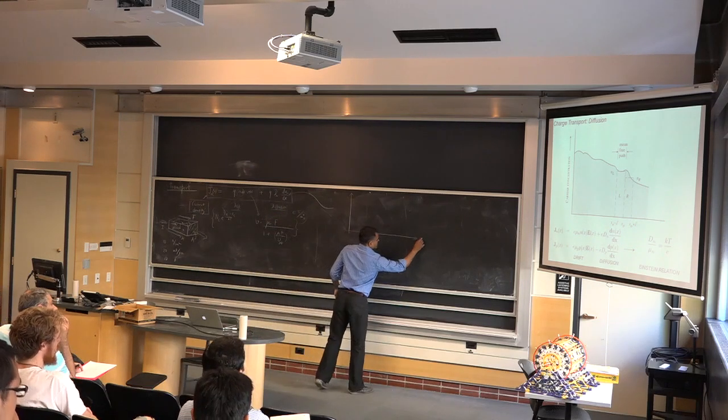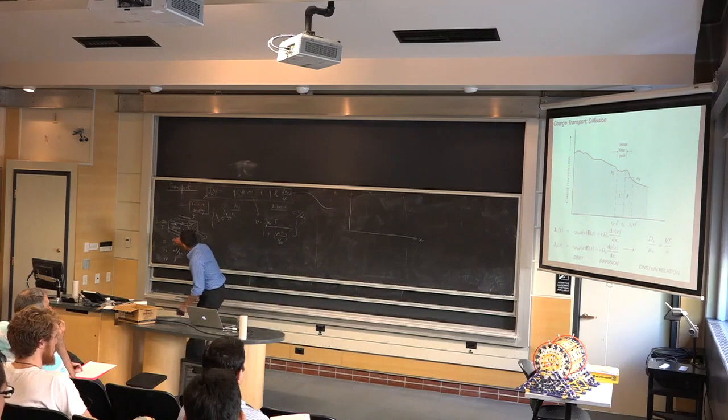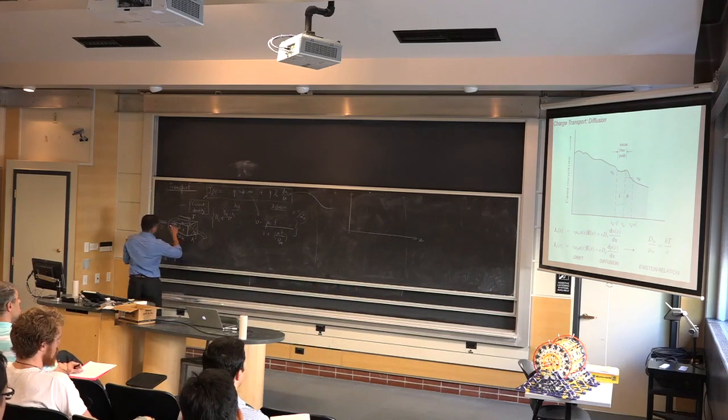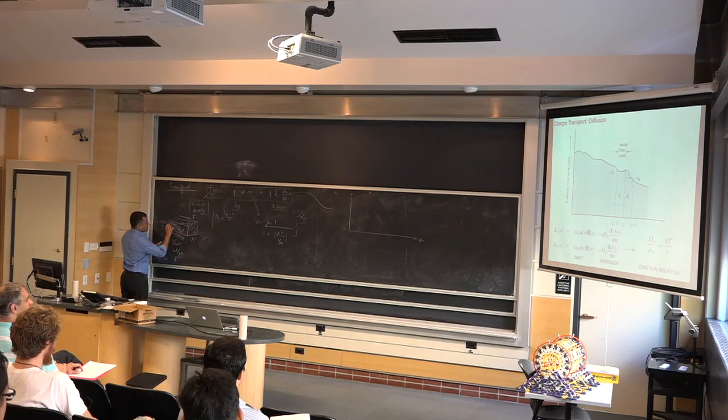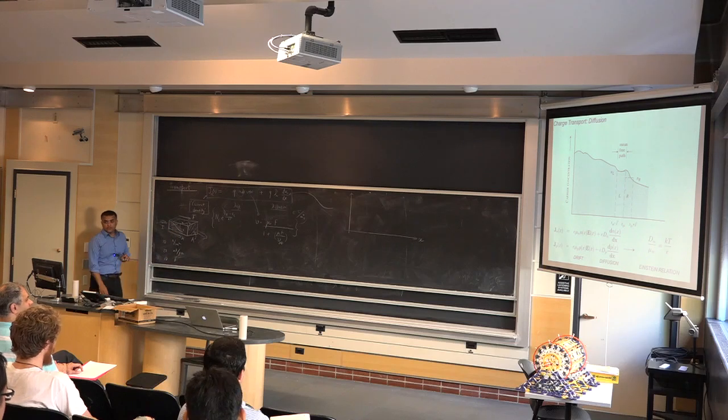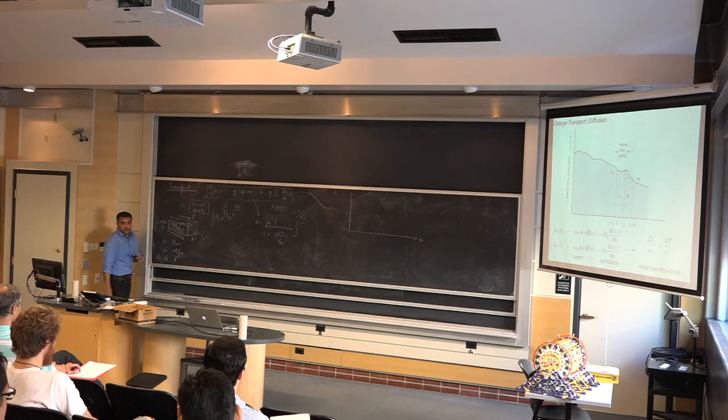Let's say this is x, and we are moving along it, and for some reason I have a lot more electrons here, and then the electron density goes down. What might be the reason? Well, I might actually have an N and a P region here. So that's clearly a situation where the electron density will go down very fast, right?